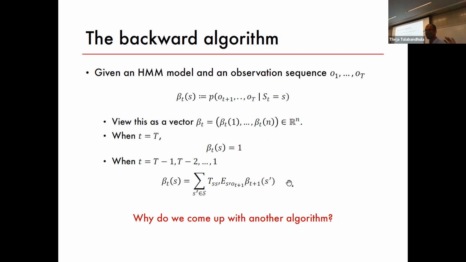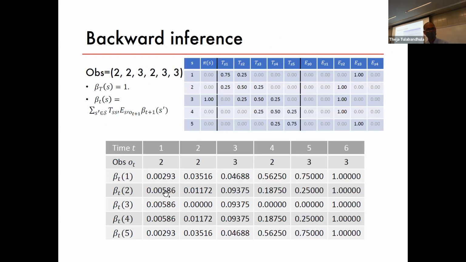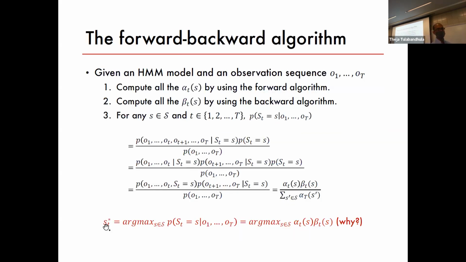All the discussion we are having, the 3 inference problems we are seeing, is about computation, how to efficiently infer. Once we have the recursion, we can do this. I'll skip the computed numbers here. You start with the last column and compute up to the first column. Once you have that, you can actually solve for the second question.